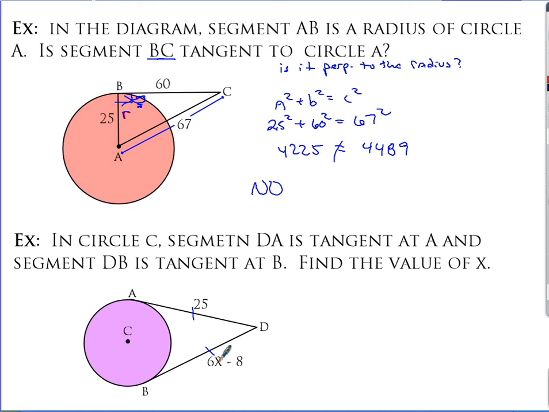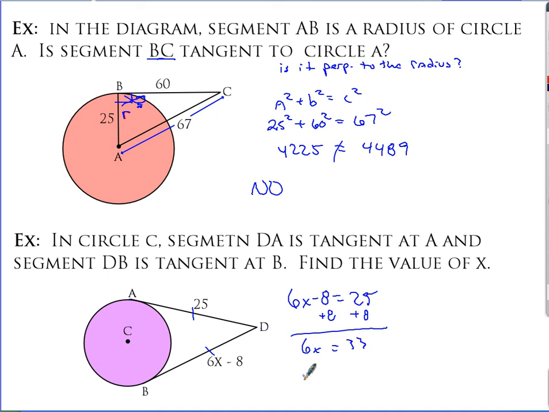Write an equation. We've probably done this a million times, right? This one equals this one. 6x minus 8 equals 25. And we solve it for x, so we're trying to find the value of x. So what do we do first? Add 8 on both sides. 25 plus 8 is what? 33.